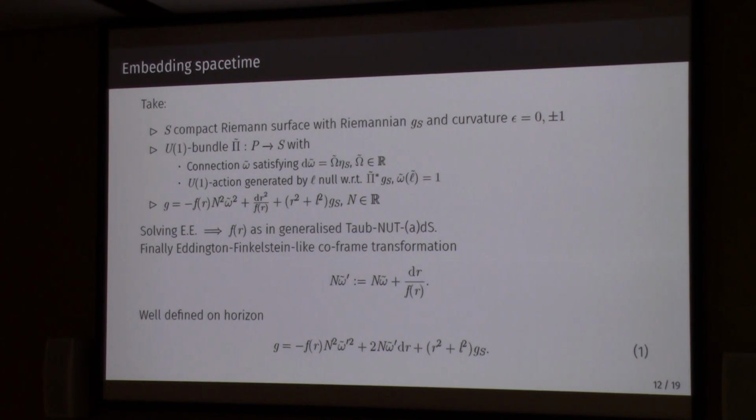Of course, you would also have to perform some Eddington-Finkelstein-like coordinate transformation, but this doesn't really change the structure equations. So we finally land on the metric which actually covers the horizon, the horizon of course corresponding to the zero of this function f.